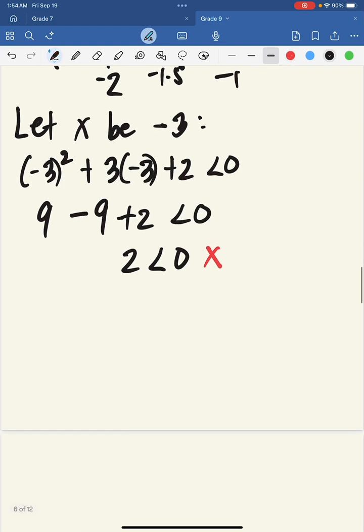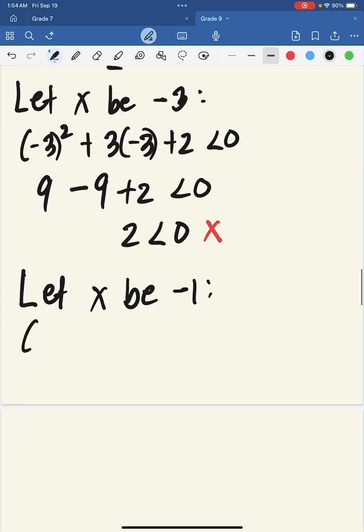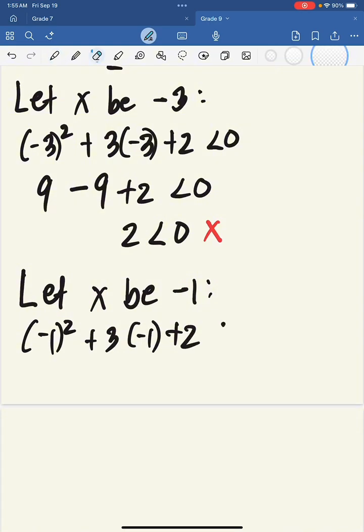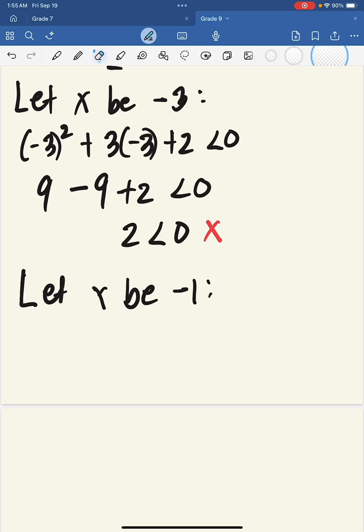So just to check again, let's try the numbers after negative 1. The numbers greater than negative 1 are 0 and going to infinity. So let us try 0.